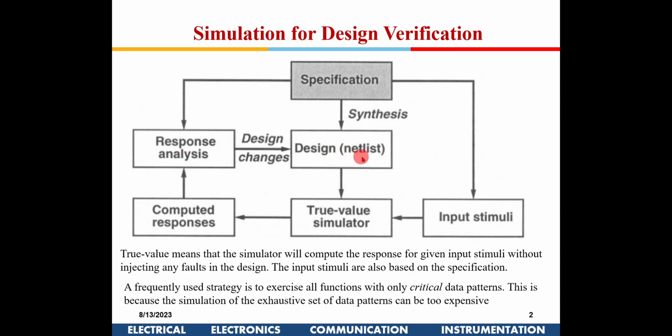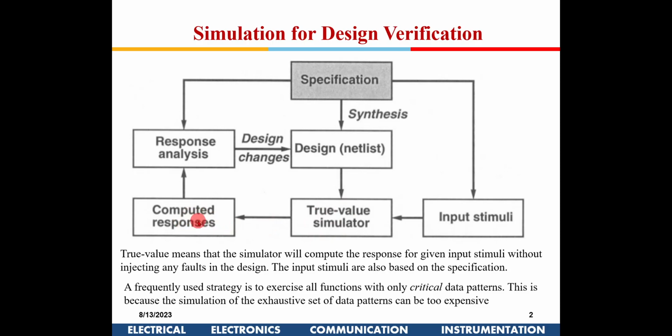Now once you have synthesized the netlist, and from the specifications we know the inputs, a true value simulator does nothing but, from the netlist and the inputs, generate a set of test cases. You pick up a few inputs and do a simulation, right?